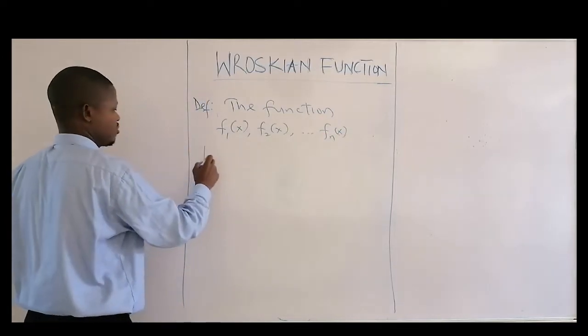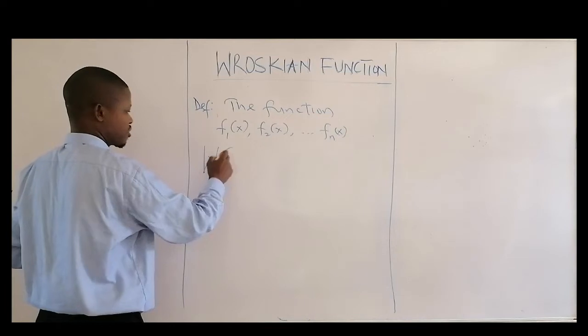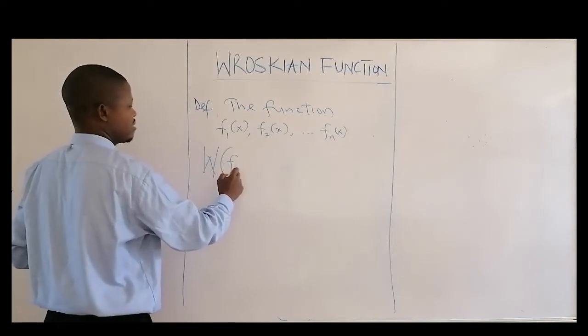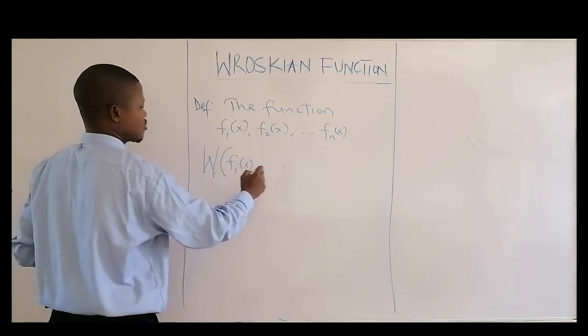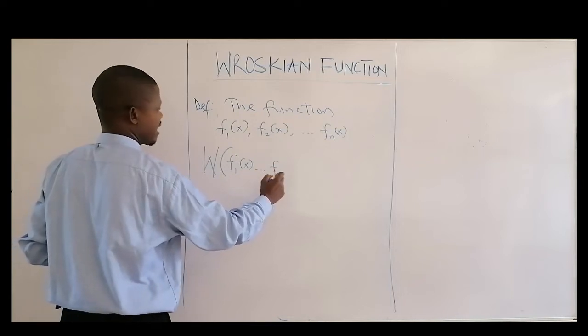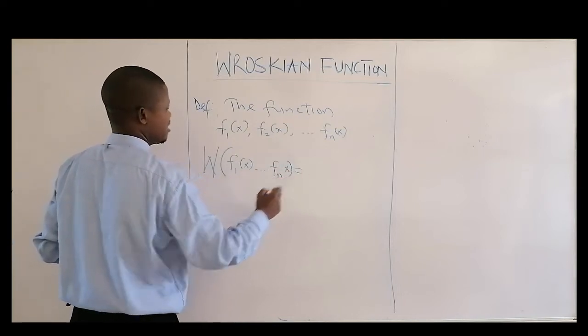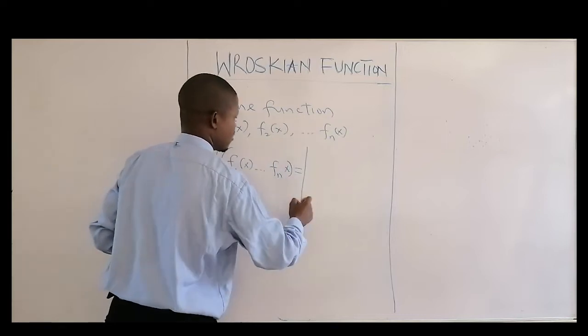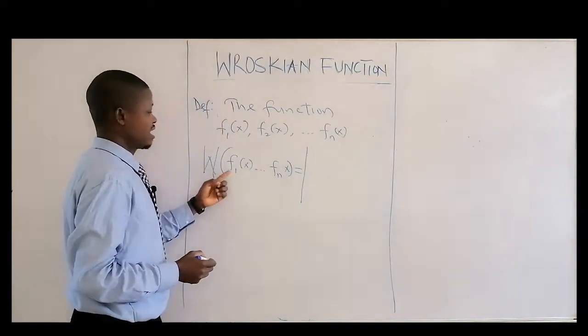The Wronskian, we use W for the Wronskian of those functions, f1 and so on to fn. The definition of the Wronskian is just the determinant of those functions, and that will be equal to what?